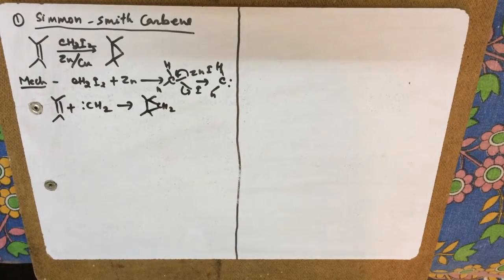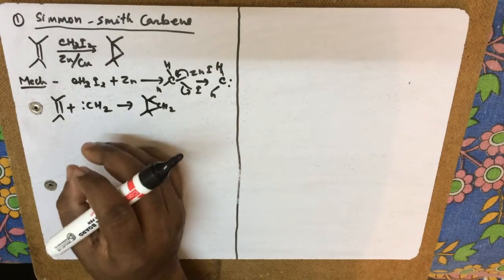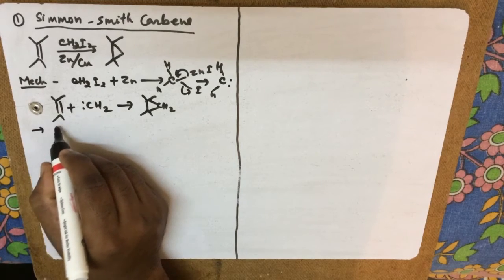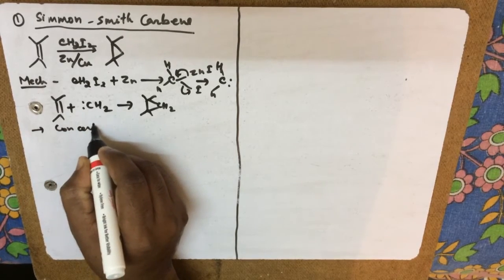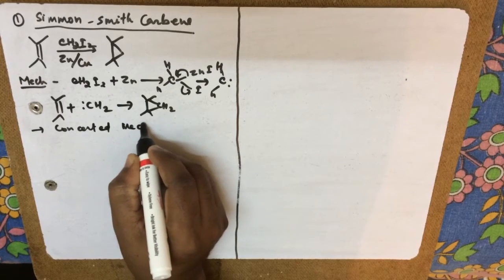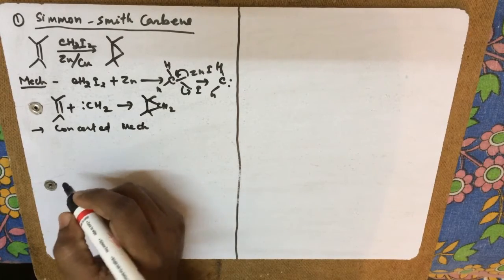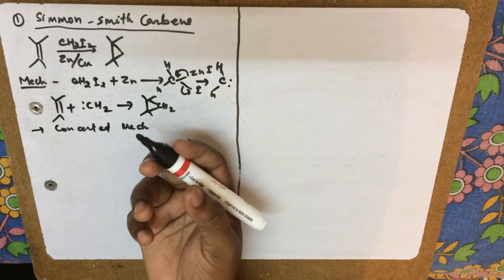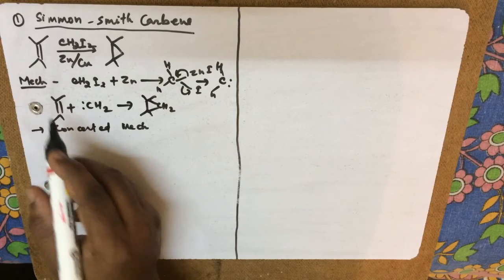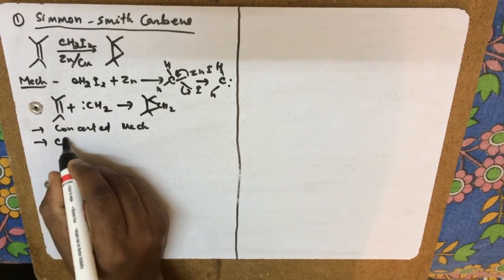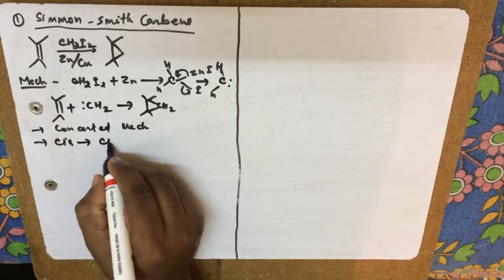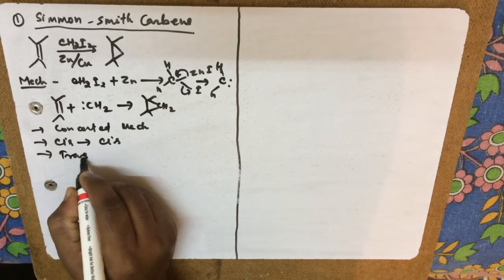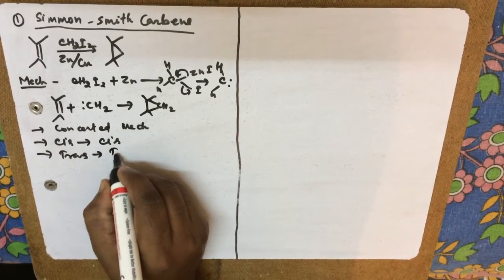So this is a very important reaction, very easy, you have to remember. It is a concerted mechanism, and the stereochemistry of the alkene should be maintained in the product. So if you have reactant cis, then the product you will get is cis, and if you have trans reactant, then the product you will get is trans.